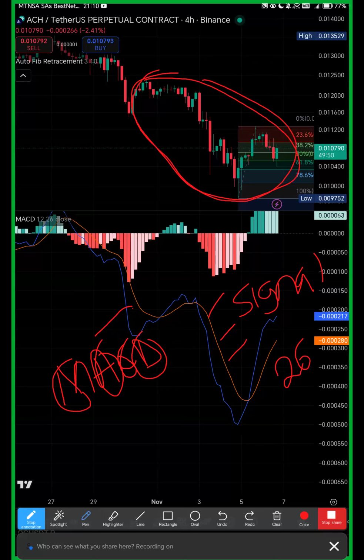While this other one is a 12 moving average. It looks at 12 candles from current price going backward.